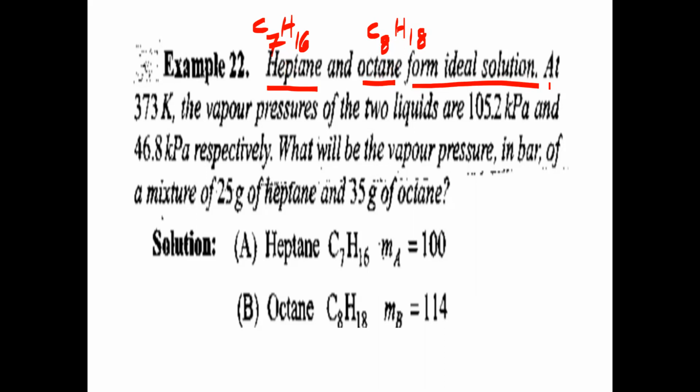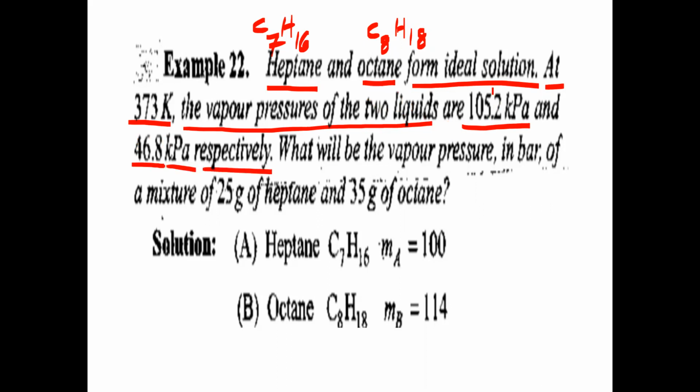Next, at 373 Kelvin temperature, the vapor pressures of the two liquids, heptane and octane, are 105.2 kilopascal and 46.8 kilopascal respectively.